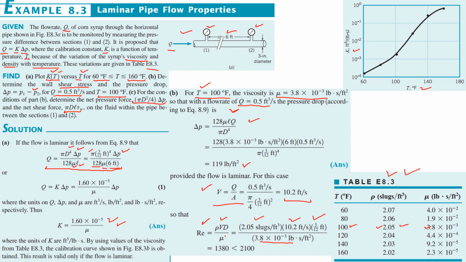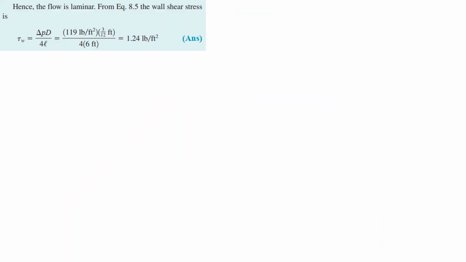So our Reynolds number comes out to be 1380, which is less than 2100. So this is the laminar flow regime, and we can now safely say that our flow is laminar. Now let's move on and find our wall shear stress. So hence the flow is laminar.